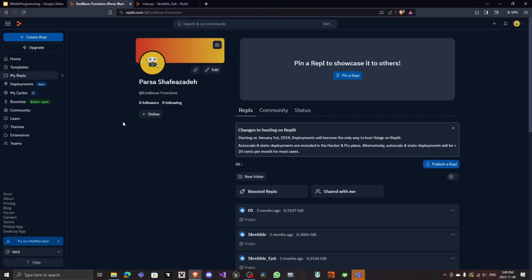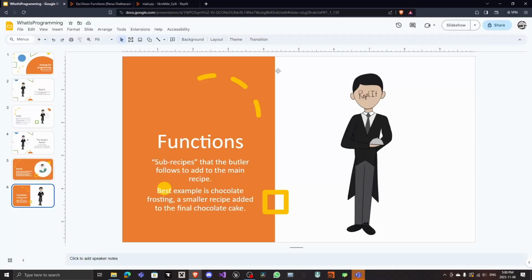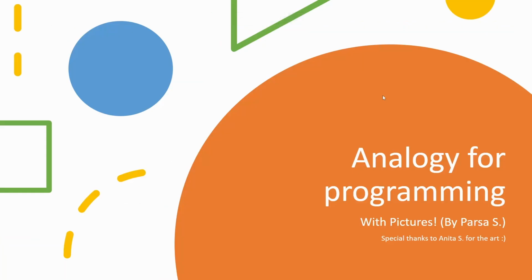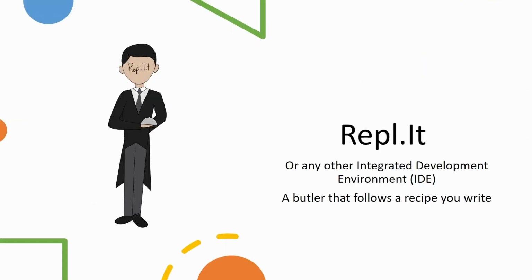Before we create our writing, I want to talk about this slideshow that I've created, which is, I'm going to go all the way to the back, my analogy for programming with pictures. So what we are doing is we are writing code in a programming language. Where we're writing it is called an integrated development environment, or an IDE.